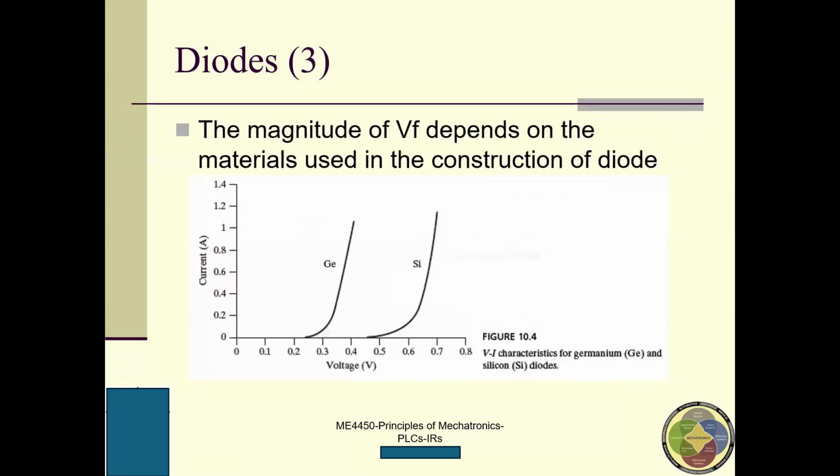The magnitude of this voltage depends on the material used in the construction of the diode. You can see that gallium and silicon have different voltages. So this is the VI characteristic for germanium and silicon diodes. We know silicon, germanium, and gallium, so we have 3 different semiconductors.